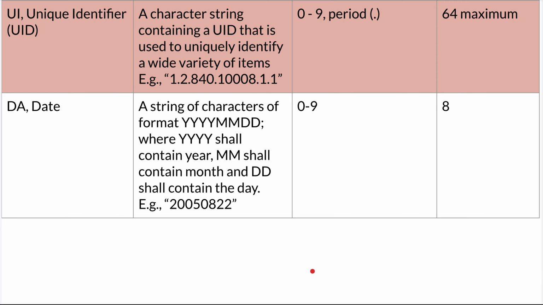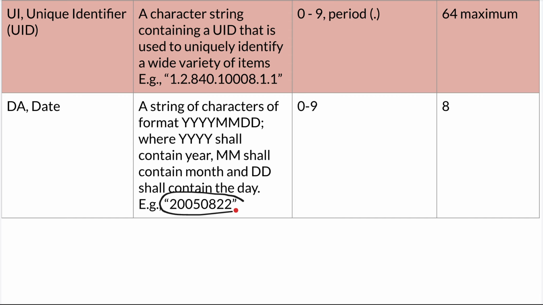Then we also have the unique identifier. Then also dates. Look at how the date is written; pay attention to it. It's written as the year, followed by the month, followed by the day. So you should be able to read this for me: 2005, August 22nd.